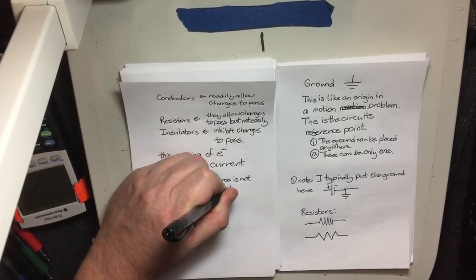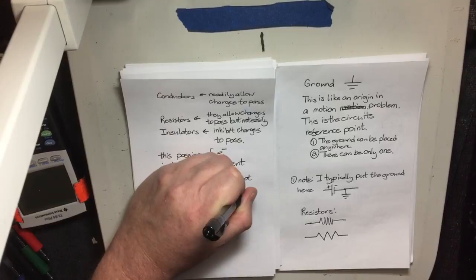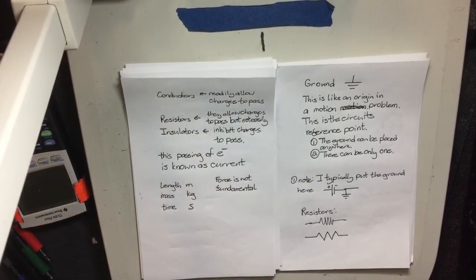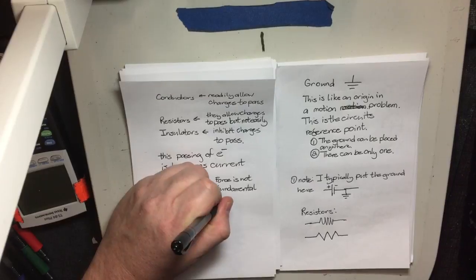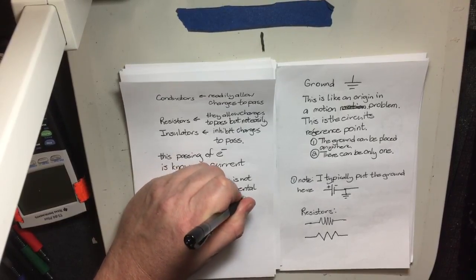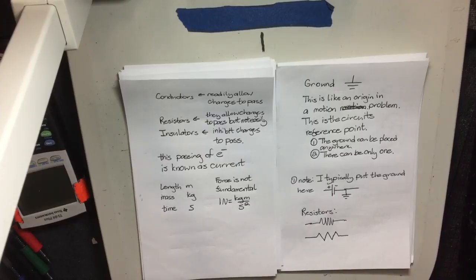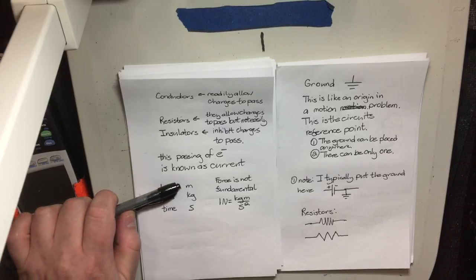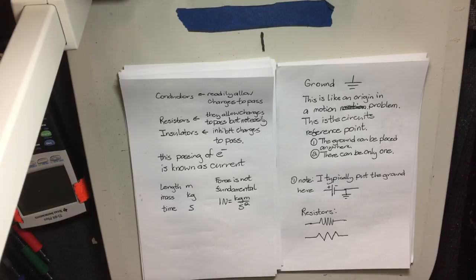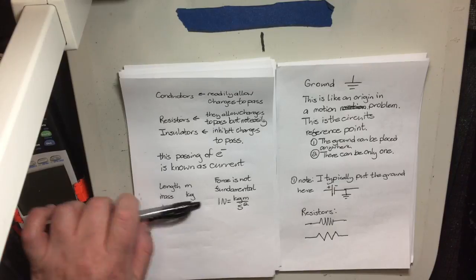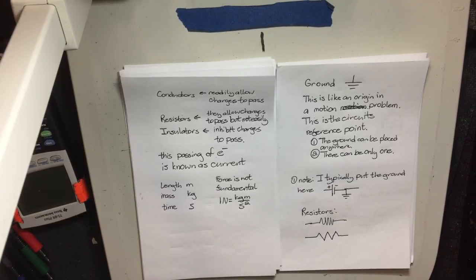I'm going to go on my brief rant. Well, why isn't force fundamental? Well, a Newton is a kilogram meter per second squared. You cannot have a fundamental unit that is made of other fundamental units. A Newton can be described in the form of 3 other fundamental units. You can't describe length as a function of anything else. You can't describe mass as a function of anything else. You can't describe time as a function of anything other than time.